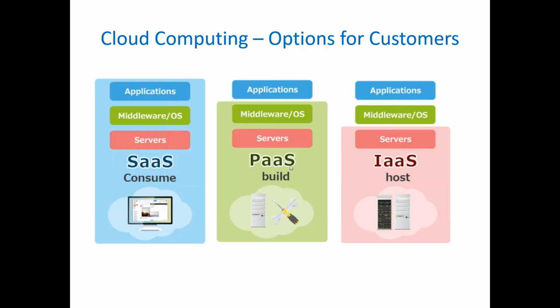The other one is PaaS. PaaS means platform as a service. This is software as a service, this is platform as a service. In the case of PaaS, Oracle will allow you to build new applications or new functionality. You will get the server and the operating system within the server, and you will get control of the application.